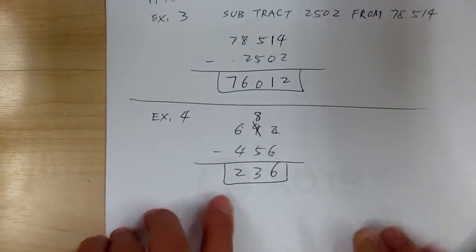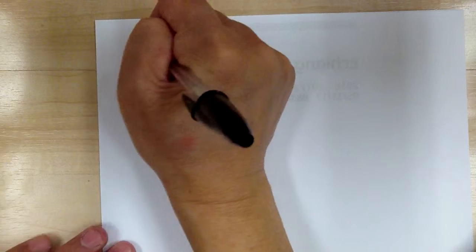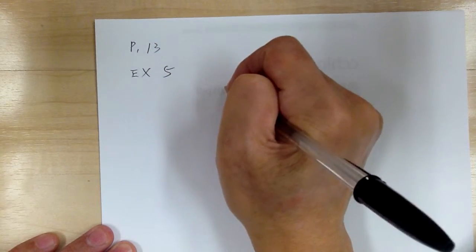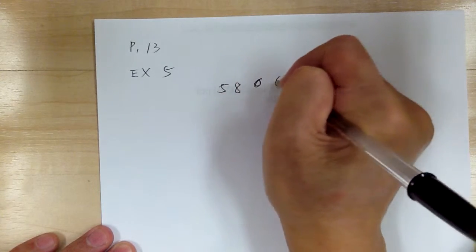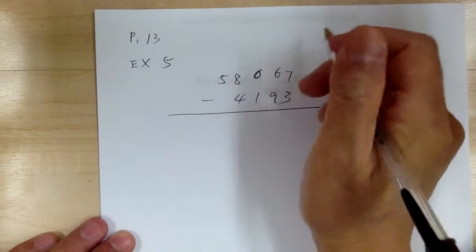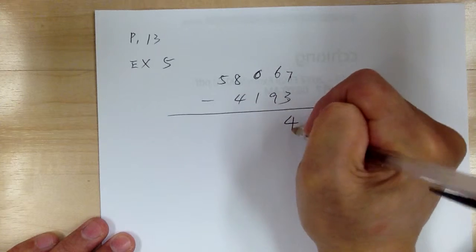Okay, let's go to example 5. You have 58067 minus 4193. Again, when you subtract, 7 minus 3 gives you 4.